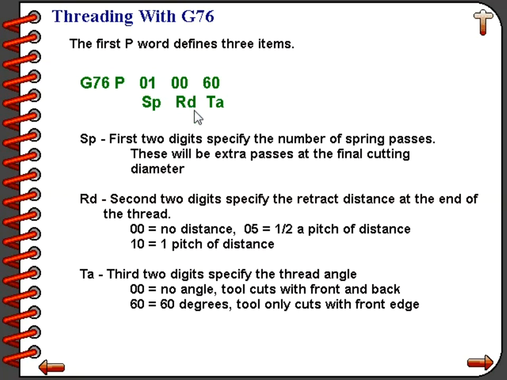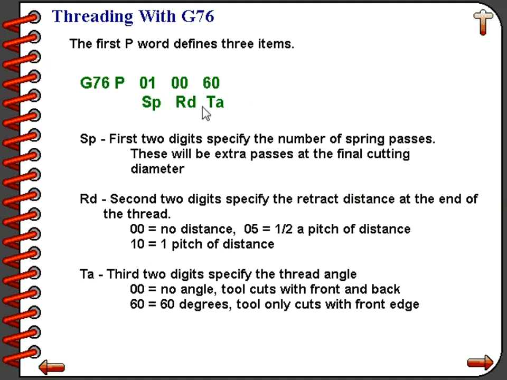The tool would retract very quickly along the x-axis. A 0.5 value would mean 1/2 a pitch. 1/2 a pitch from the end of the thread, the tool will start to retract on the x-axis. And a value of 1, 0 would mean that the tool will start to retract along the x-axis 1 pitch from the end of the thread.